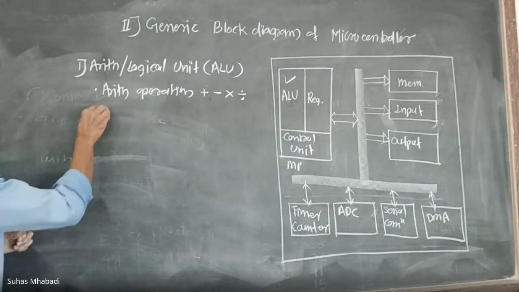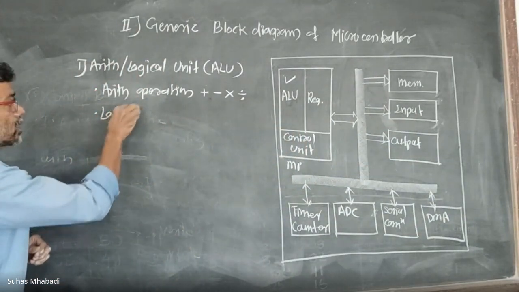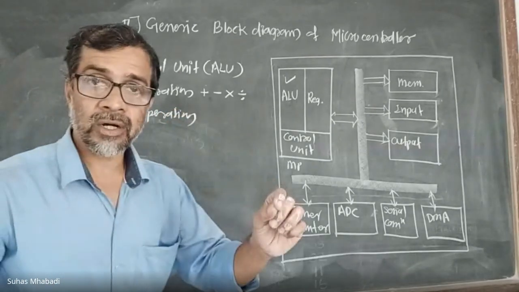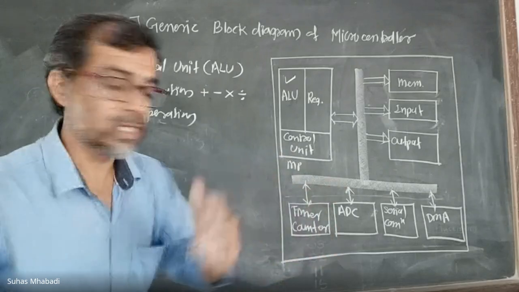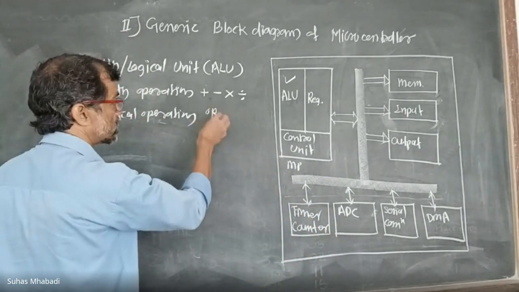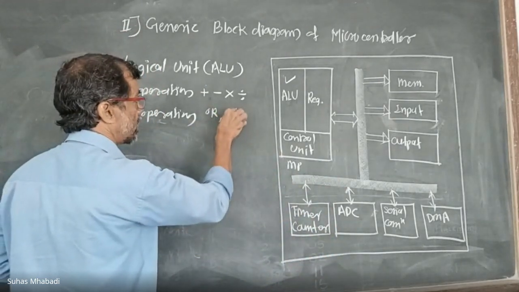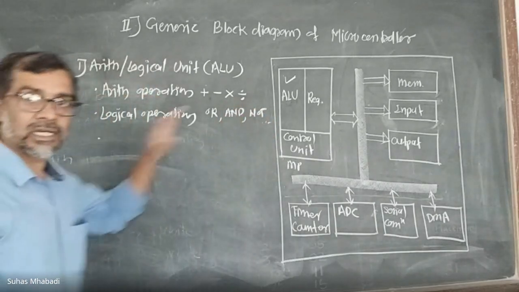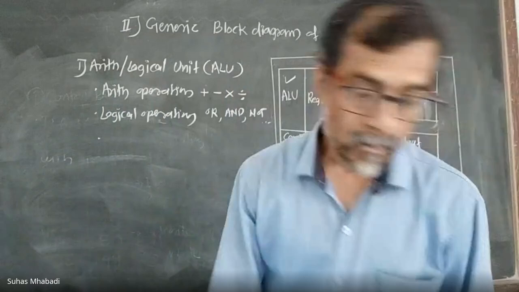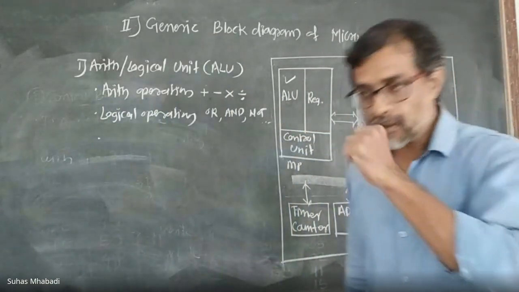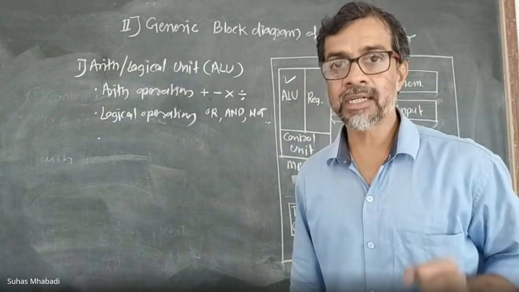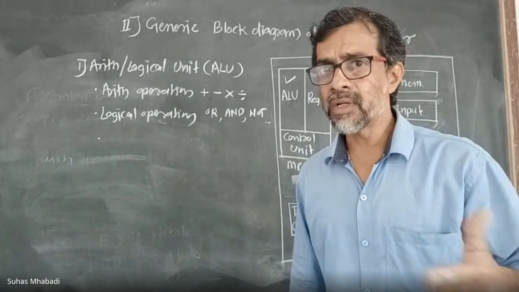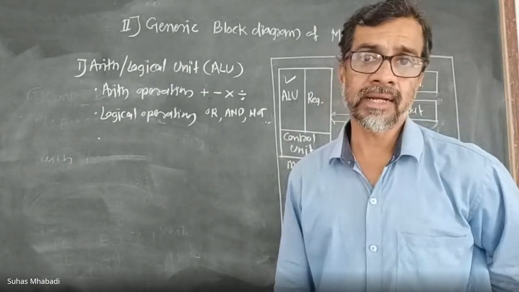Apart from this, it will perform logical operations like logical OR, AND, XOR, NOT, and so on. At a time, we can perform addition, subtraction, multiplication, division, AND, OR, XOR, NOT with only two data contents.